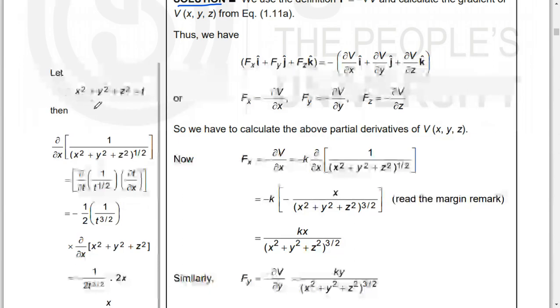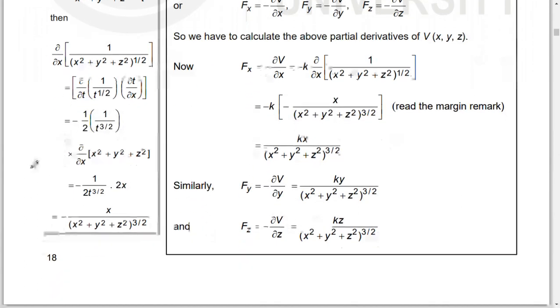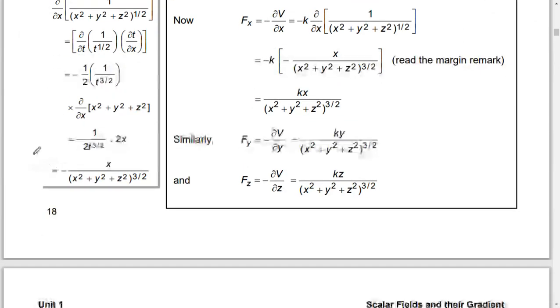Let x square plus y square plus z square equal t, then diff by diff x of 1 by x square plus y square plus z square whole to the power half equals d by dt of 1 by t to the power half times dt by dx, which is minus half of 1 by t to the power 3 by 2 into d by dx of x square plus y square plus z square, equal to minus 1 by 2t to the power 3 by 2 into 2x, equal to minus x by x square plus y square plus z square whole to the power 3 by 2.